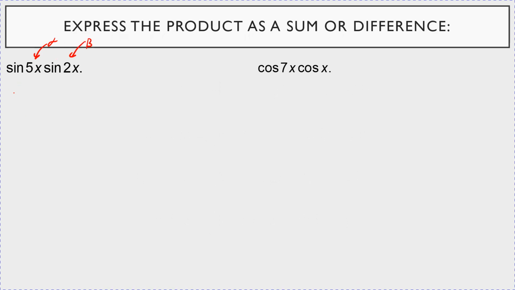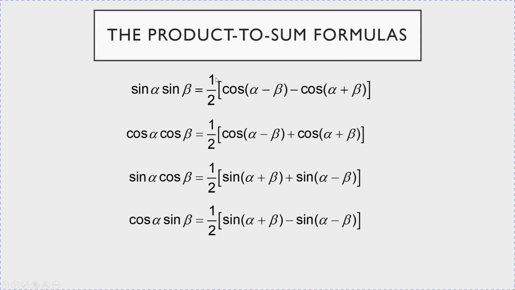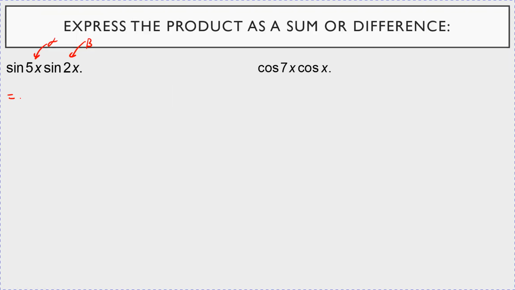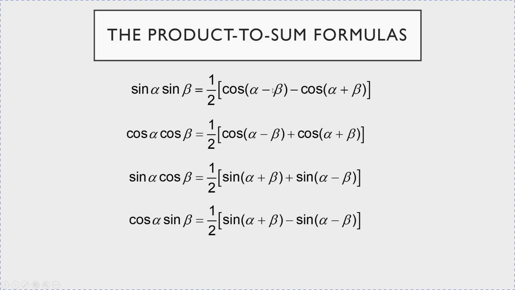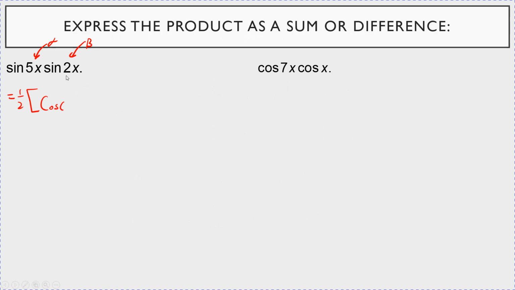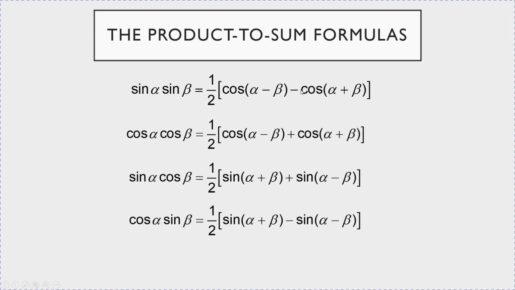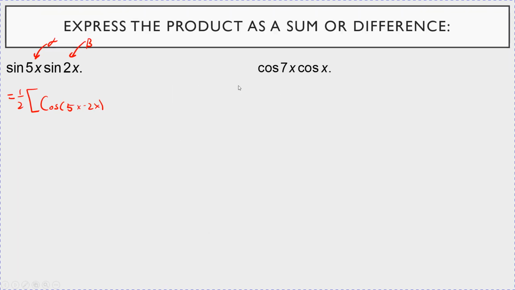So this is equal to, you just follow the formula, 1/2 and then in parentheses cosine of alpha minus beta, so 5x minus 2x, minus cosine of alpha plus beta, so minus cosine of 5x plus 2x.